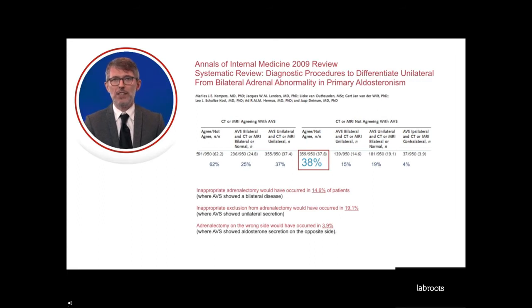We can have patients that lose the possibility of being cured by surgery because they have a bilateral lesion on CT scan and the AVS shows that the disease is only on one side. We could have patients that are inappropriately operated because of a unilateral lesion, whereas the condition is bilateral, or in a small percentage of cases we can have the operation on the wrong side.